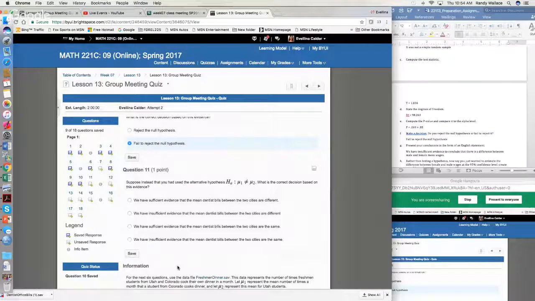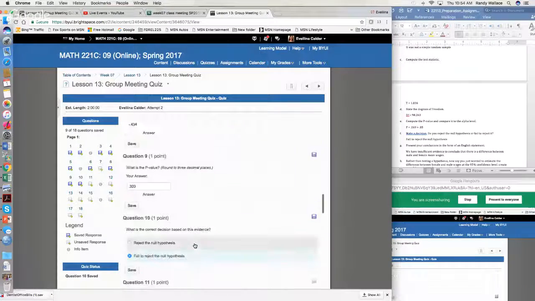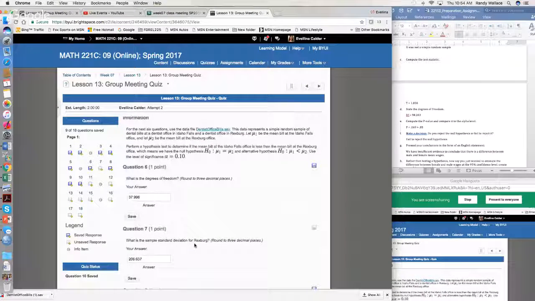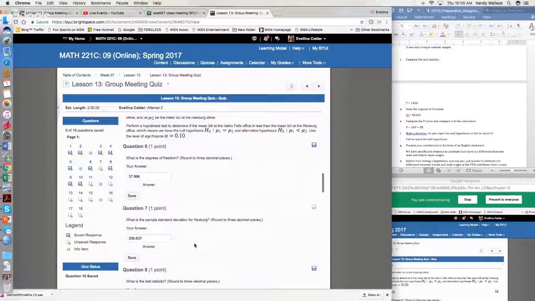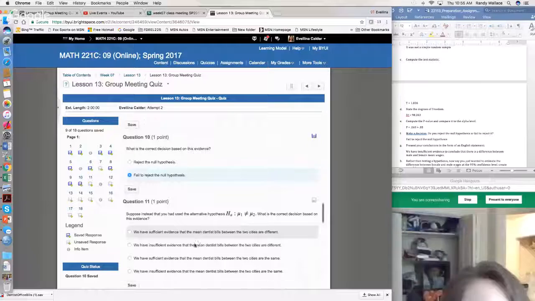Because it's still, oh right, the p-value is still greater than 0.05. That doesn't change the fact that we failed to reject the null hypothesis.